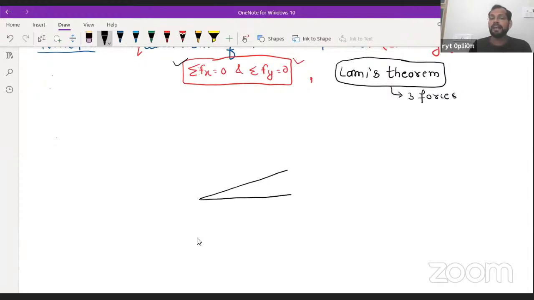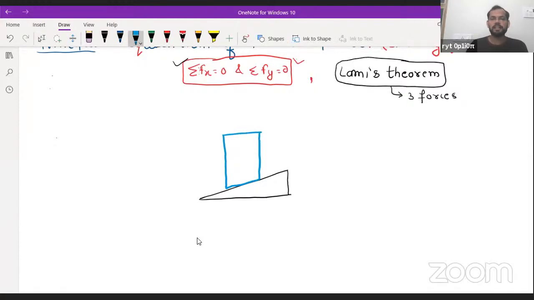And if you feel any doubt, please ask, I will answer. Fine. So there is one wedge and it is used for lifting this body. Fine.